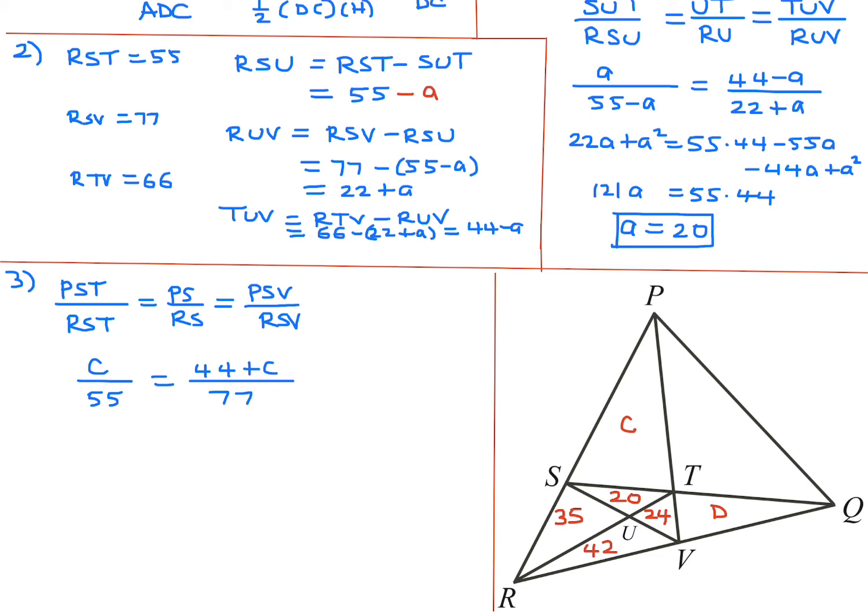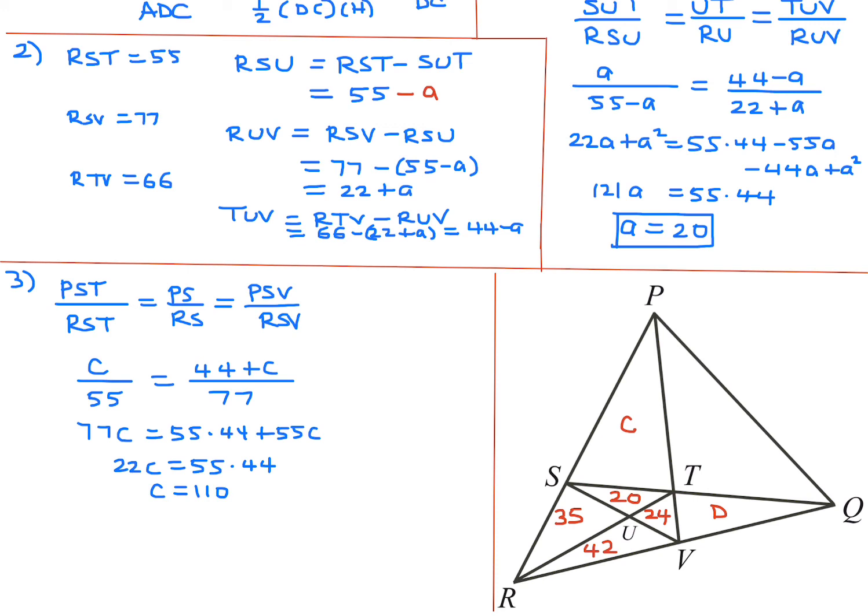All right, so this will allow me to figure out the value for C. If I cross multiply, I get 77C is equal to 55 times 44 plus 55C, and therefore 22C will be 55 times 44, and therefore C, if you do the math, will be 110.